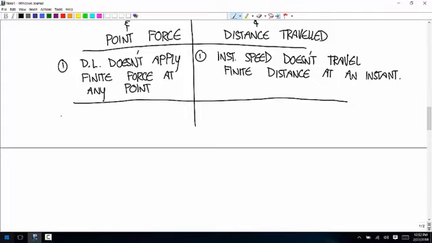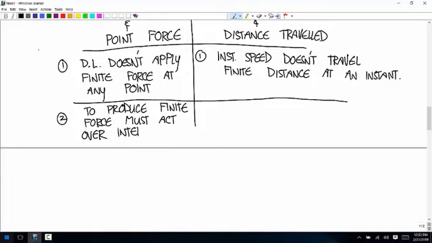Number 2, to produce a finite force, a distributed load has to act over a finite distance, over an interval of distance. Just like in order for an object to travel a finite distance, it needs to carry its speed over some finite interval of time.